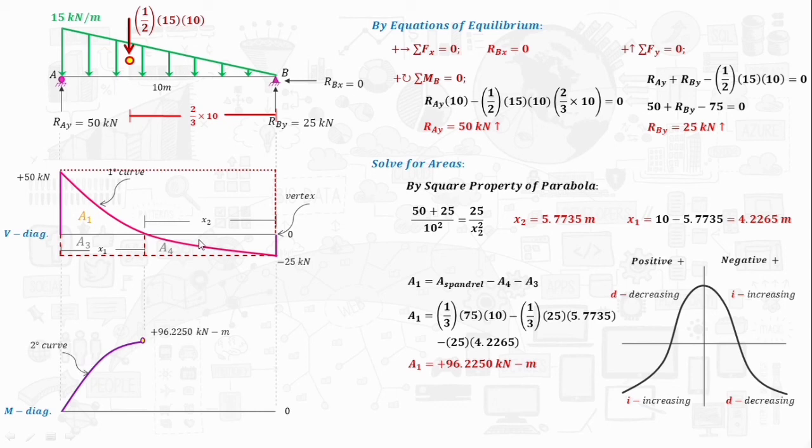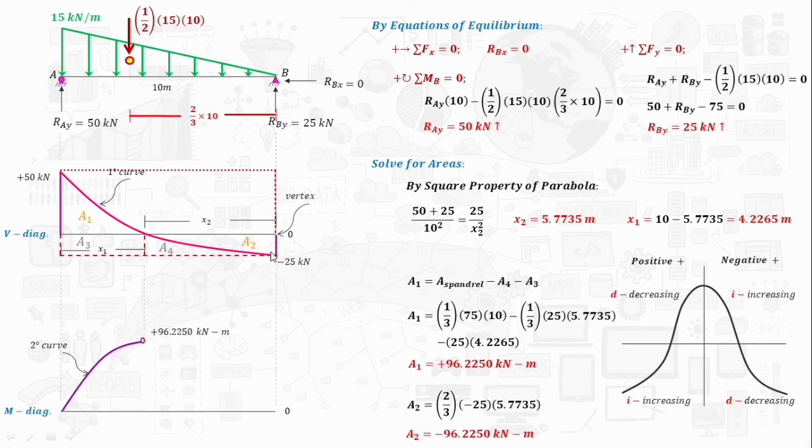And dito, kukunin natin si area 2. Paano natin makukuha si area 2? Since nanggaling siya kay vertex, pwede nating gamitin yung area ng parabola, 2/3 base times height, where base is our x2. So area 2 is equal to negative 96.2250.